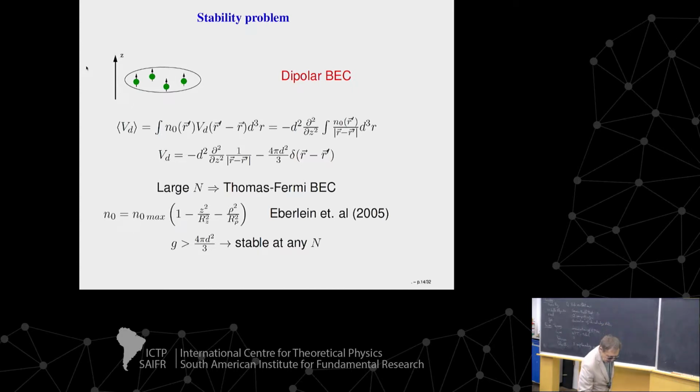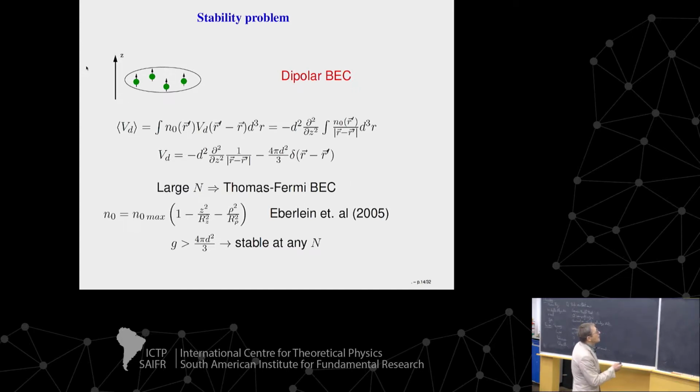Yes, what they have done, they introduced this quantity, the average value of the dipole-dipole interaction, yes, and they represented the dipole-dipole potential, which is unity divided by R cubed. You may represent it in the following form. Second derivative with respect to z of 1 over |R minus R prime|, yes, and this delta functional term, yes.